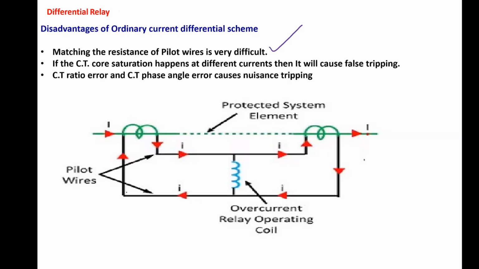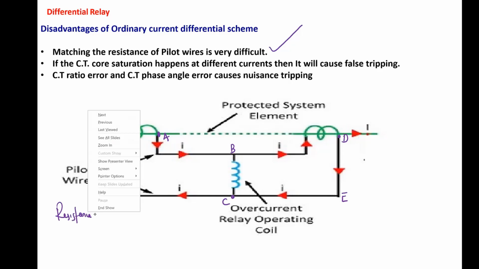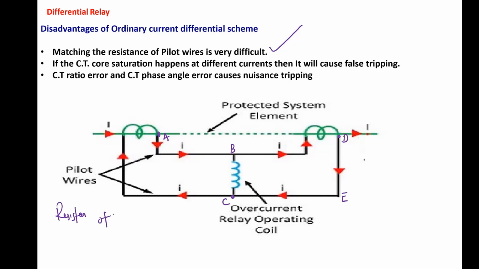Okay. Suppose this is point A, this is point B, this is point E. So the resistance of ABC must exactly match with the resistance of BDC.